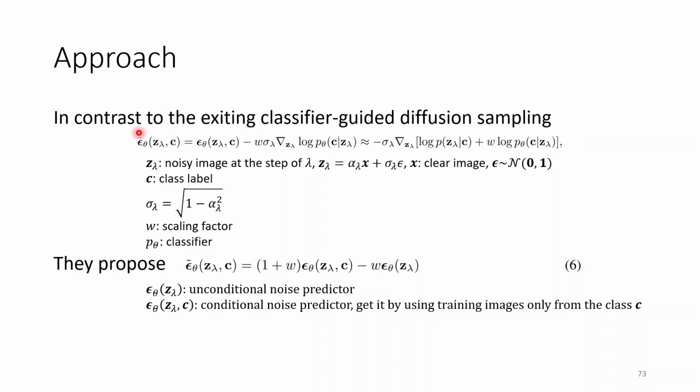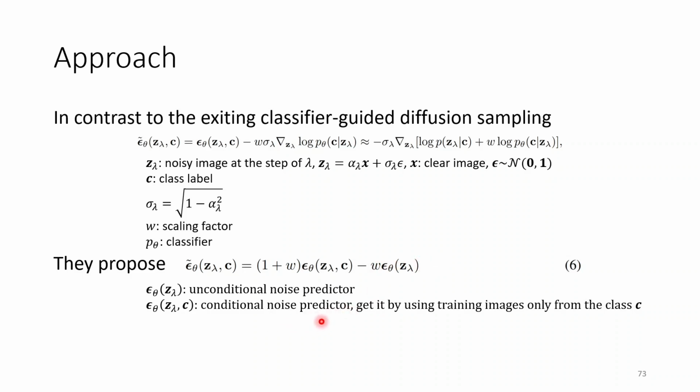So what they propose is to generate the guided predicted noises, but they do not need the classifier. They just need two noise estimators. One is the conditional one. Another is the unconditional one. So what does it mean? It means for ImageNet, what is the conditional one?